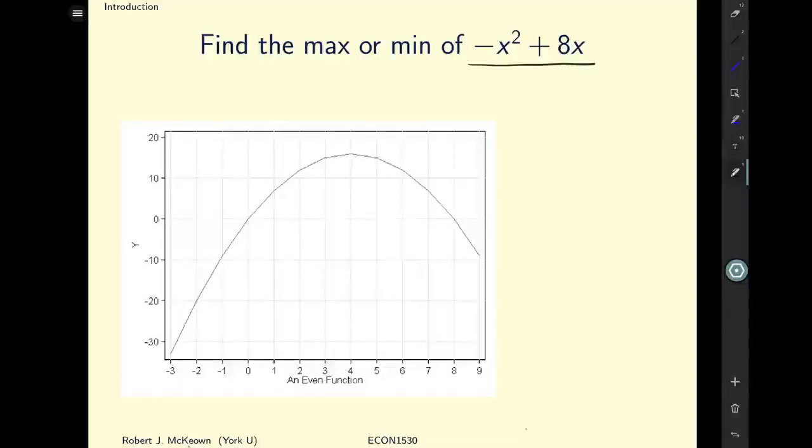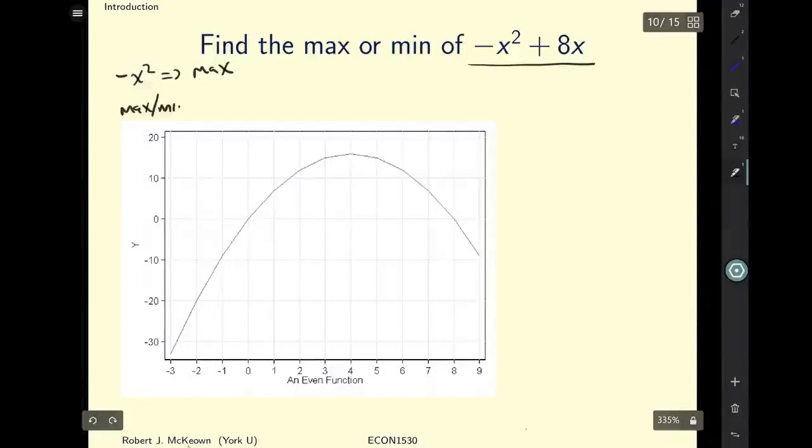And we remember from the assignment that we did earlier in the course, we should know here that if we've got a negative x squared, we're going to find a max, and if we've got ax squared plus bx plus c, then the max or the min is going to occur at negative b over 2a.